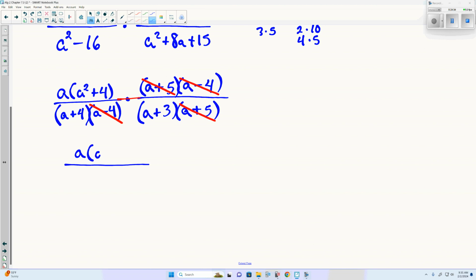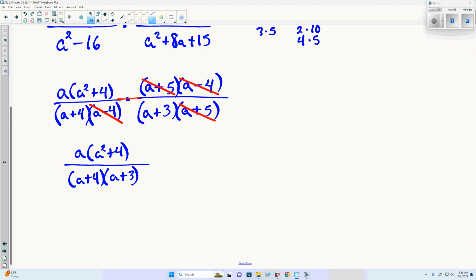So the numerator is a times a squared plus 4, and the denominator is a plus 4 times a plus 3. Now, a plus 4, a plus 3, the degree for both of those is 1, because the biggest exponent attached to the variable is 1. A squared plus 4, the degree is 2.